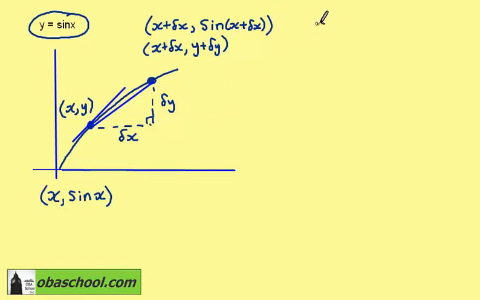It follows that the gradient of the chord is delta y over delta x, which is the sine of x plus delta x, take away the sine of x, divided by the difference in the x-coordinates, which is delta x.